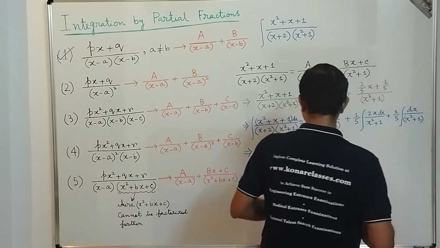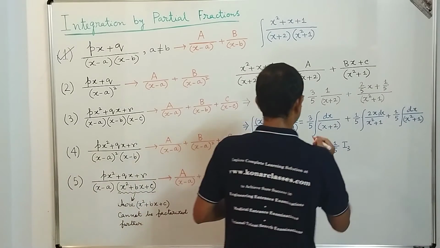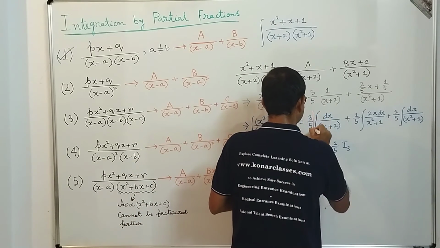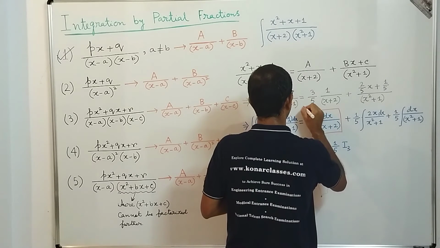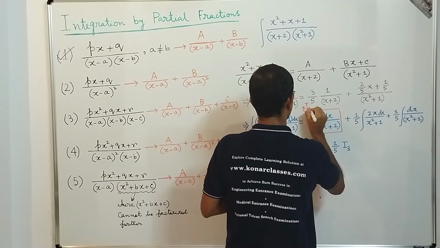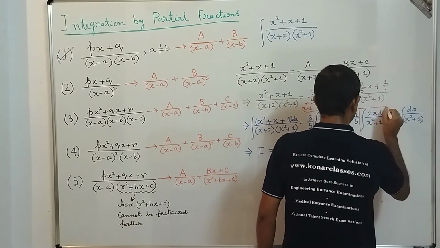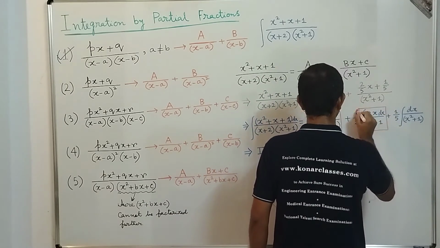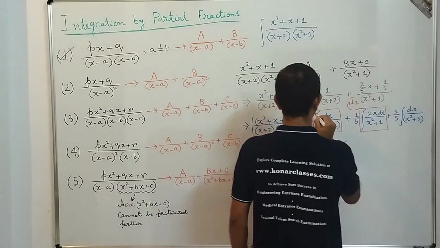So what is the value of I1? Let us mark it. The integration of dx by x plus 2 is nothing but I1. The integration of 2x by x square plus 1 is nothing but I2.